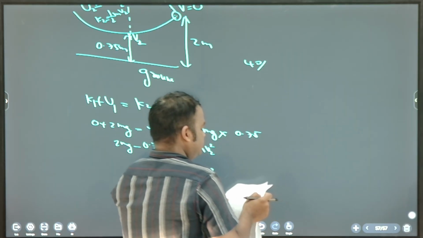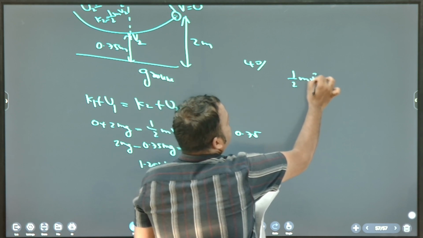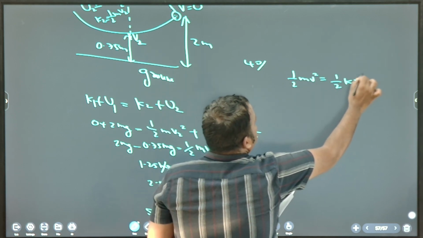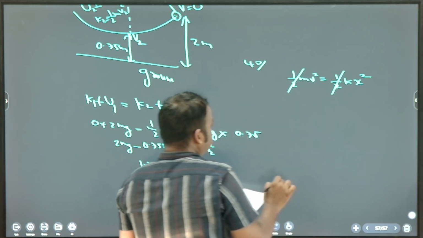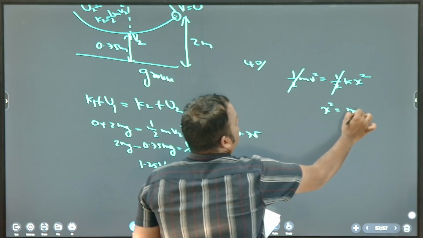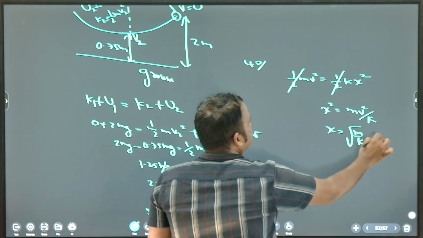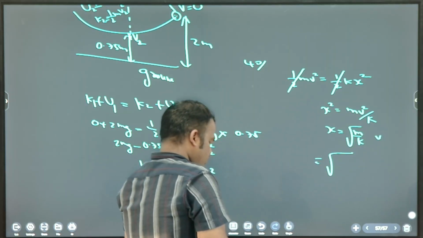Maximum compression, direct formula we have. So half mv square will convert into half k x square, half cancel. So x square is equal to mv square by k. So x is equal to square root m by k into v.